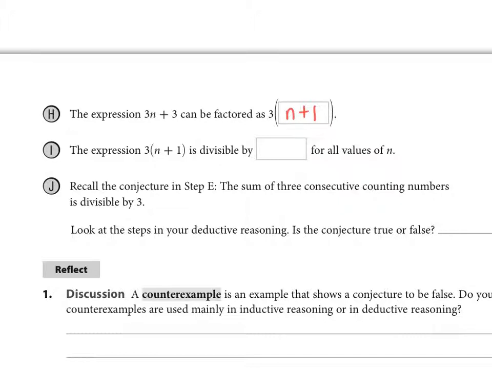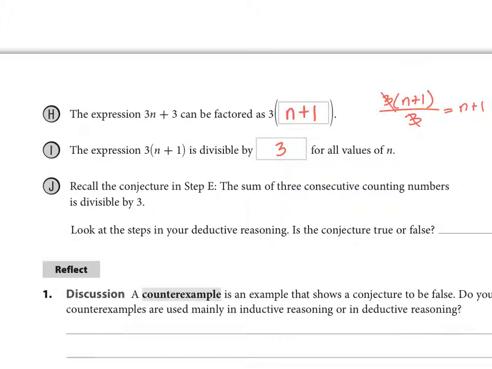So you want to think of, is this number divisible by 3? And it is, because if I take 3 times n plus 1 and divide it by 3, I get n plus 1. So it's divisible by 3. 3 goes into it nicely every single time.